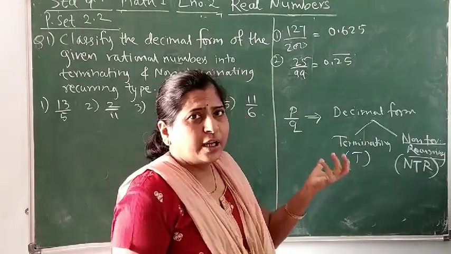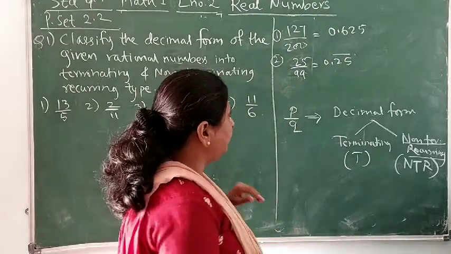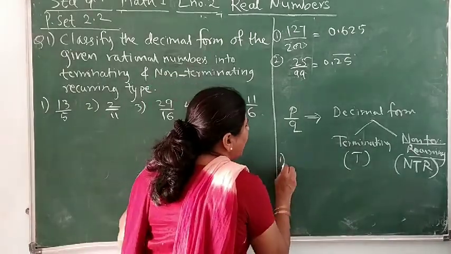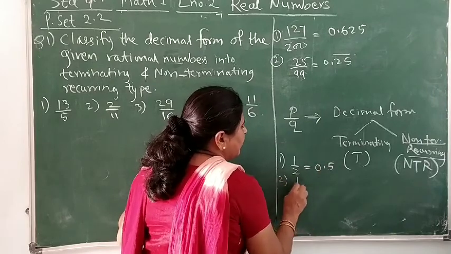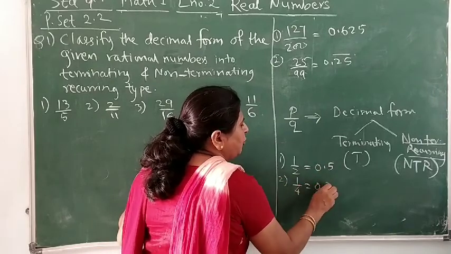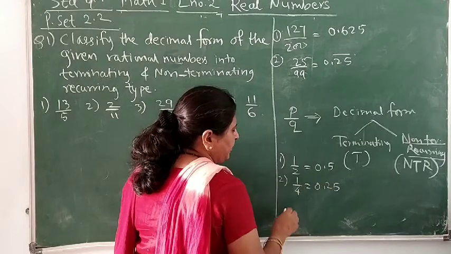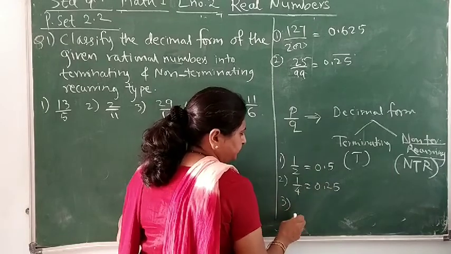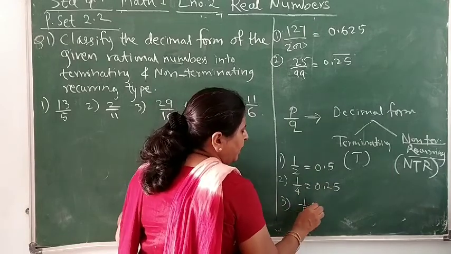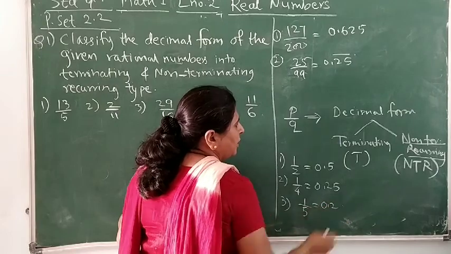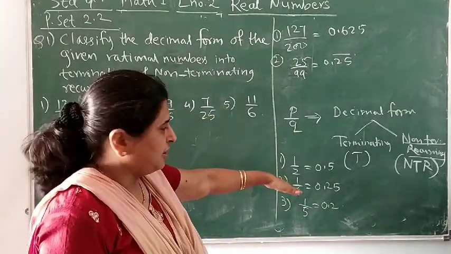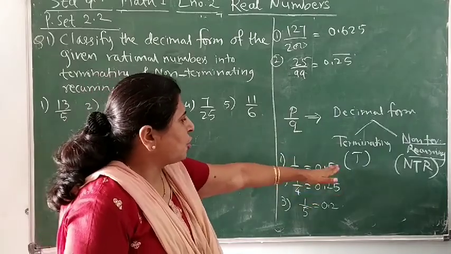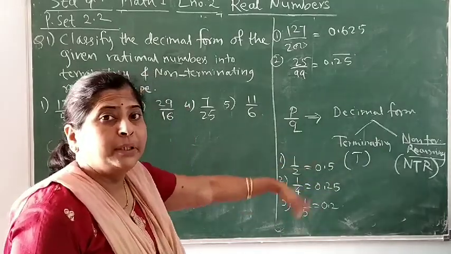For that I would like to take some more examples. Half is 0.5, 1 upon 4 is 0.25, and 1 upon 5 is 0.2. You can check this by division. Whatever we get after division, all these decimal fractions are examples of terminating.